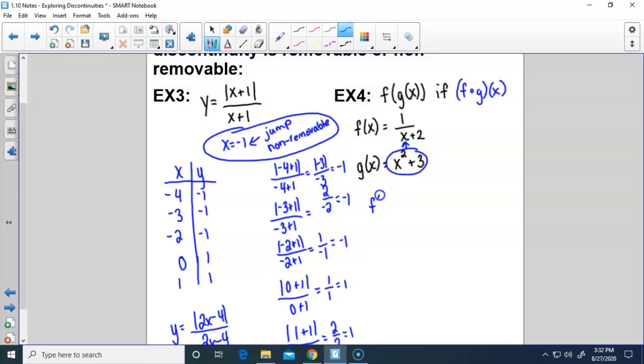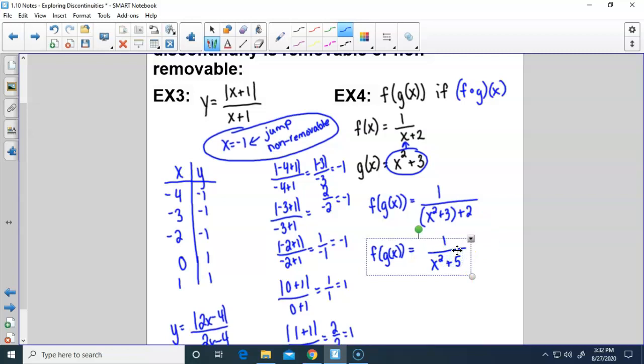So f of g of x equals 1 over x squared plus 3 plus 2. And so our f of g of x is going to equal 1 over x squared plus 5.